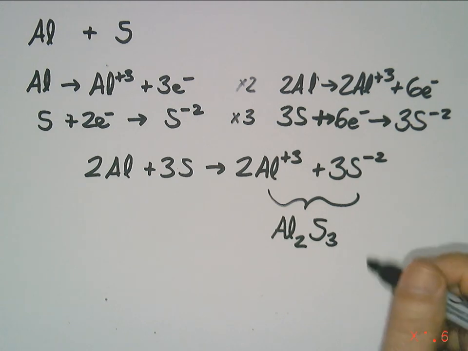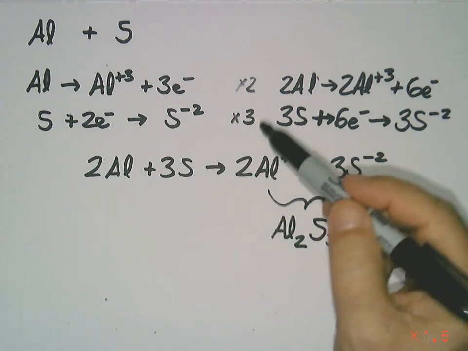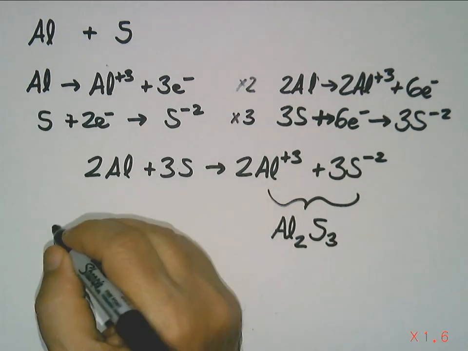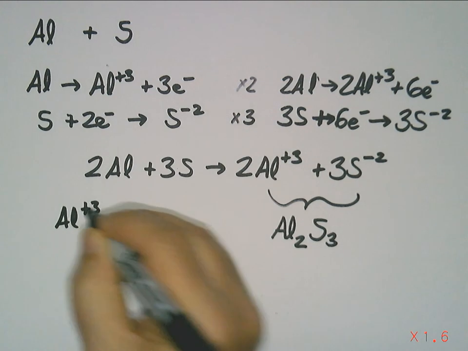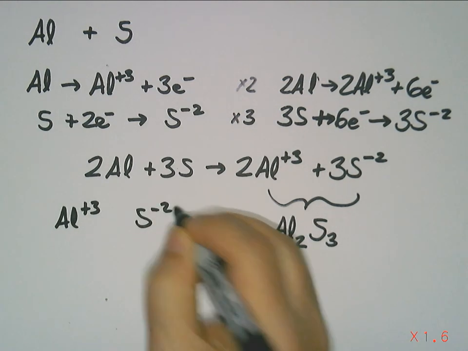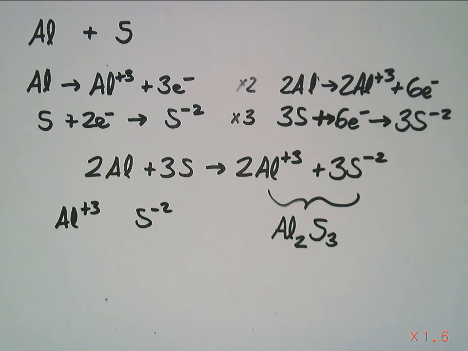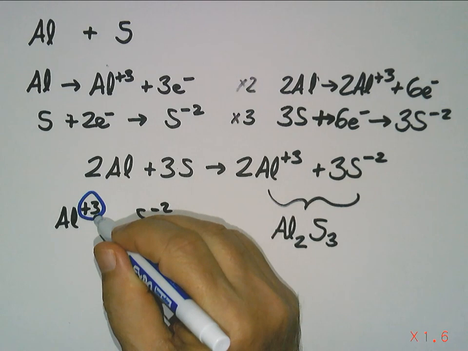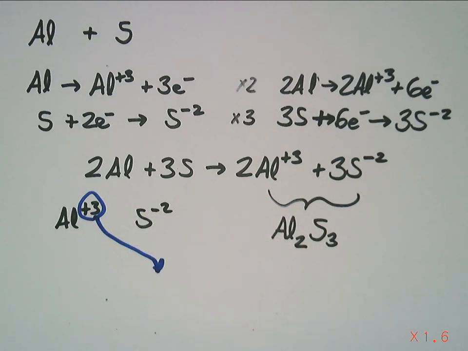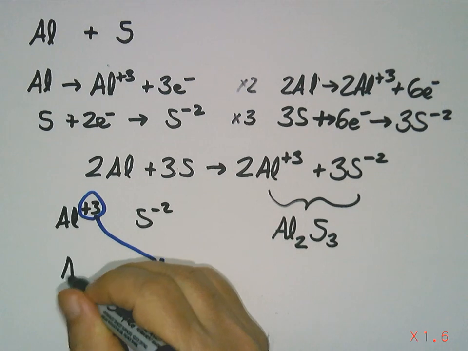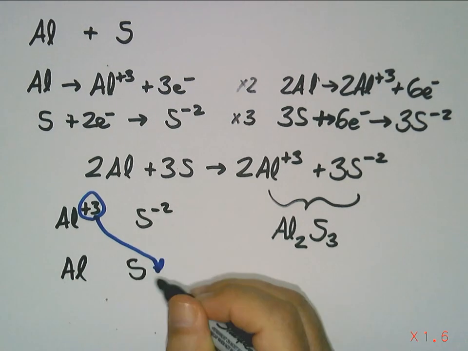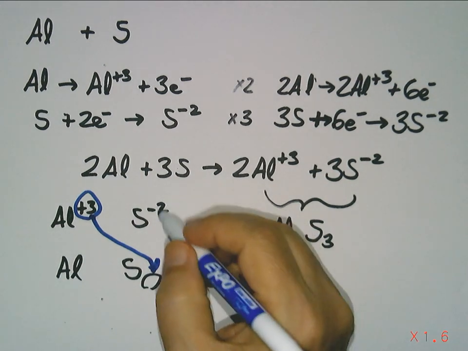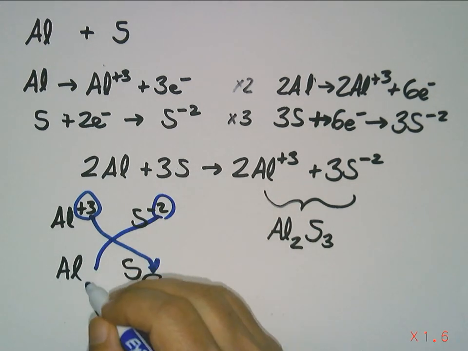Now there's a trick that you can use to work this out a little bit more quickly than I did here. And it is like this. If you want to bring together a +3 ion and a -2 ion, you can try swapping the charges as subscripts. If I take the 3 and put it on the S, here's Al in the formula and here's the S. So if I take the 3 and I put it there, and I take the 2 and I put it there, that'll work.